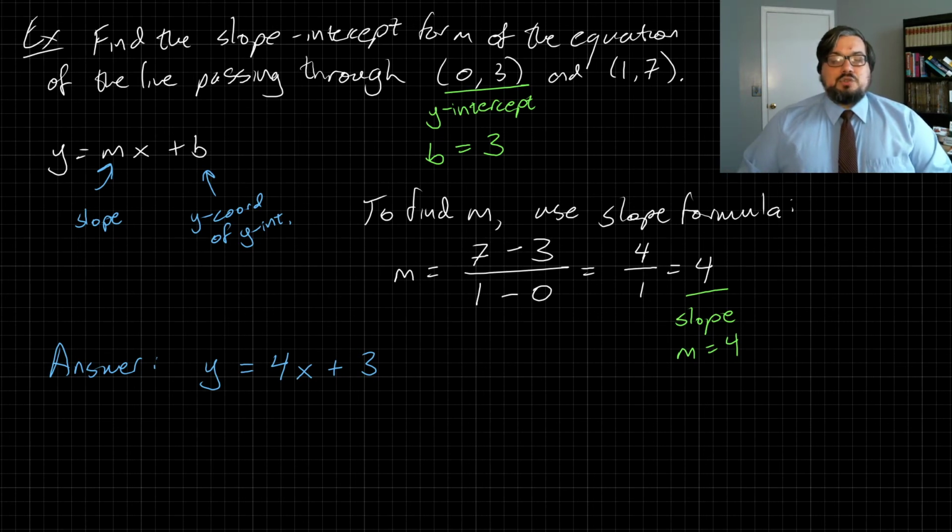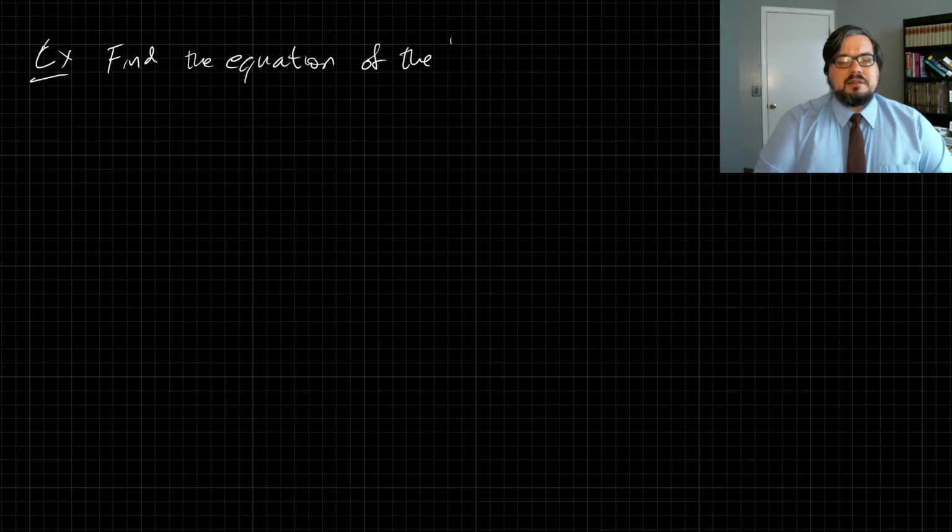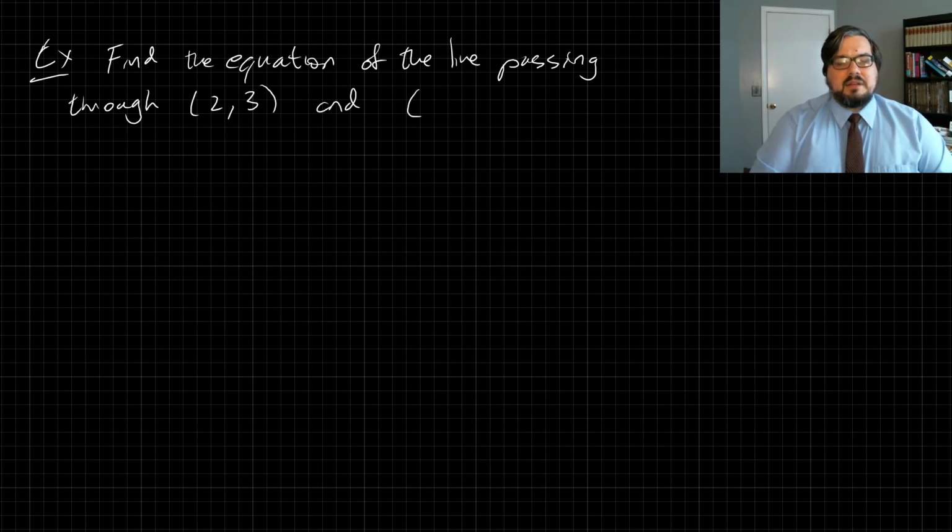So now let's look at what happens when you don't have the y-intercept immediately given to you. Let's find the equation of the line passing through (-2, 3) and (-4, 10).